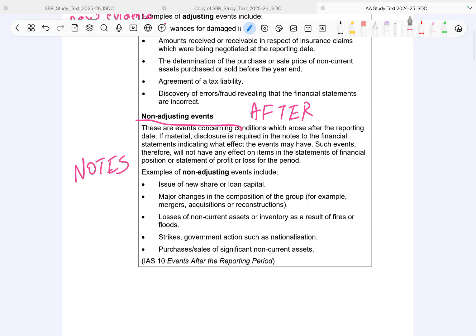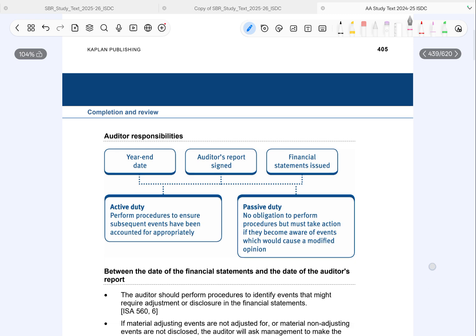Examples include issuing new shares or loans, big changes like mergers or acquisitions, strikes or government actions, fires or floods destroying assets, major asset purchases or sales. So here's your exam shortcut. New event after year end equals no adjustment, only disclosure. So new event after year end equals non-existing events.